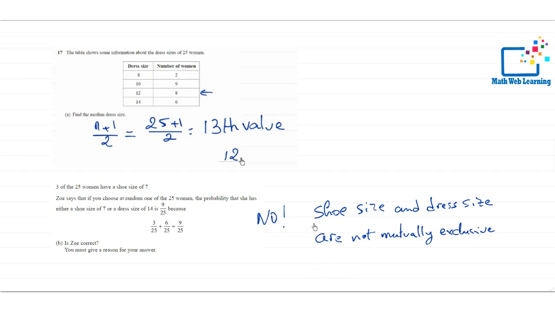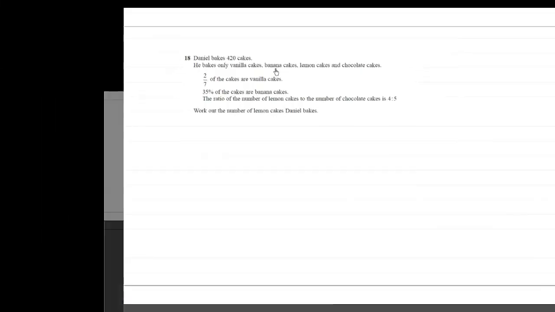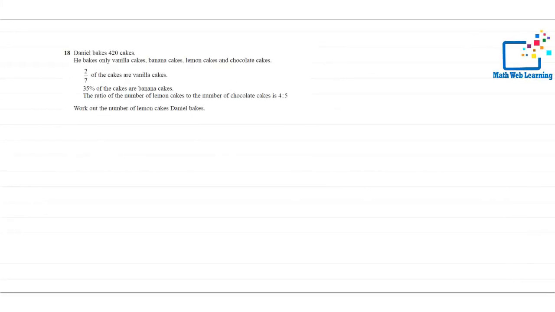Next question is question 18. Question 18, we have 420 cakes, different flavors. Let's do the vanilla. The vanilla cakes are 2/7 of 420, and on the calculator you get 120.